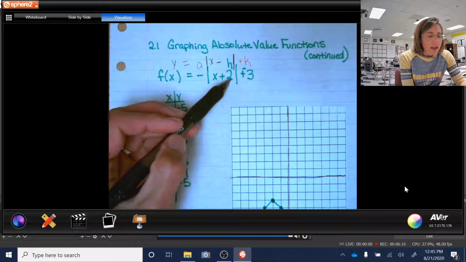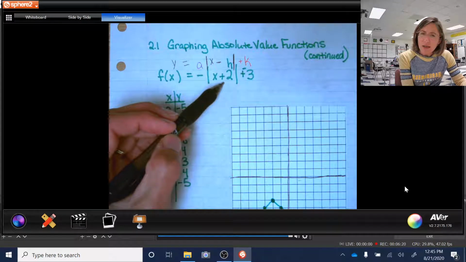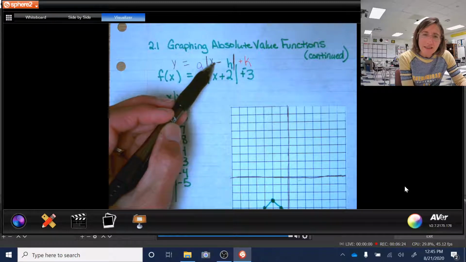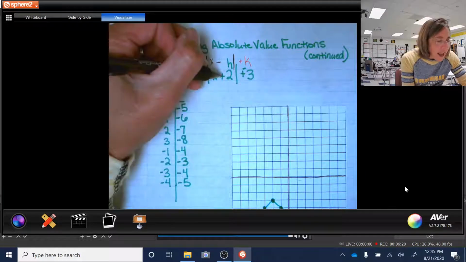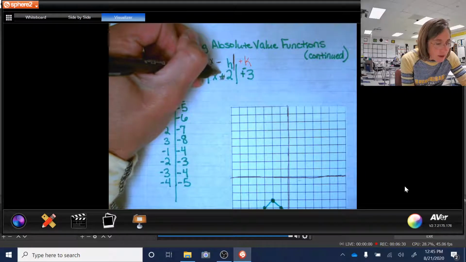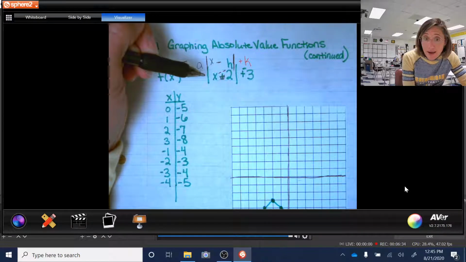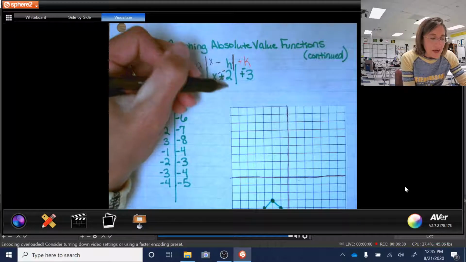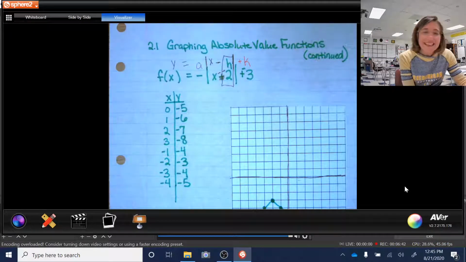So our h value, to link it to the transformations, okay, so this is weird. It says x plus 2, and remember how we've talked about there should be a minus sign in the setup? I'm going to take that plus sign and break it down into a double negative. I could combine them back and make a positive, but I'm disassembling them right now so I can see what the h value is. So this h value here is a negative 2.